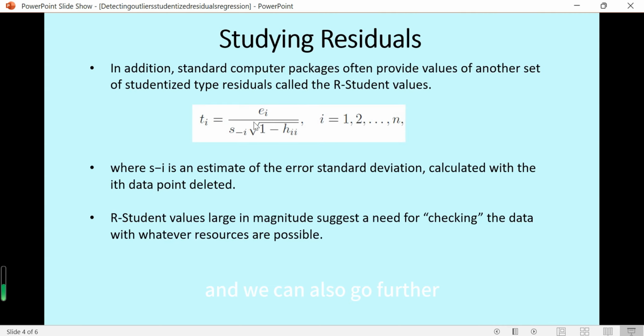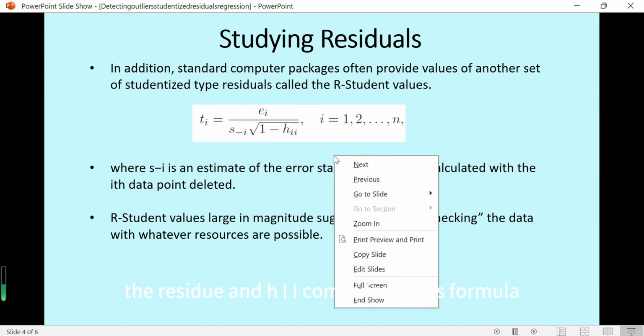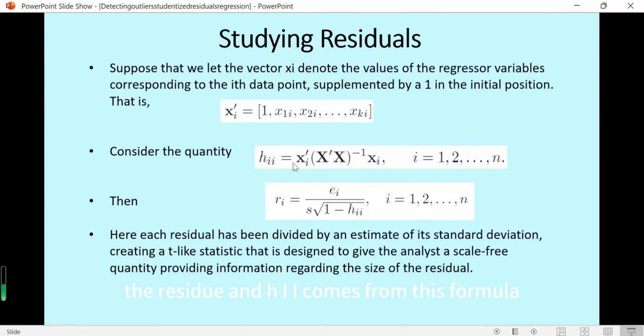And we can also go further to use another S. This S is the estimate of the error standard deviation, which is calculated with this observation deleted. So we write S minus i. Here hi and ei are the same as before: ei is the residual and hi comes from this formula.